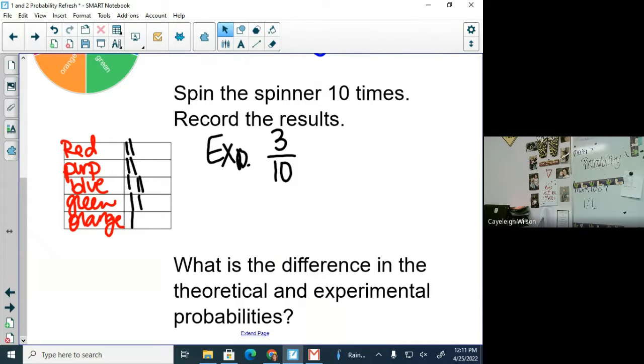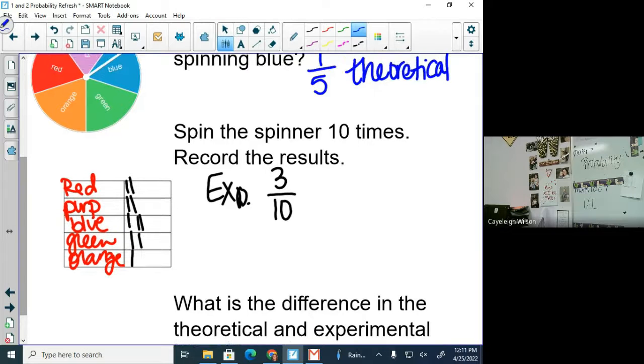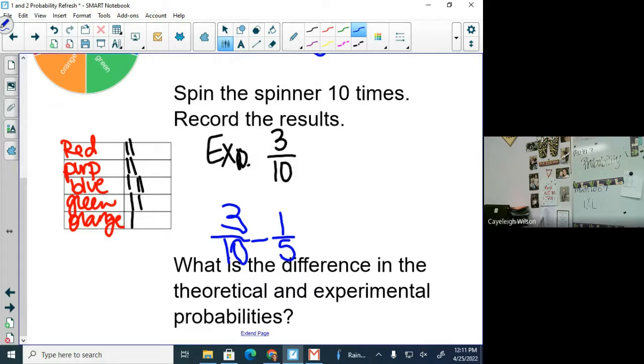So I'm going to take these two numbers, the 3 tenths and the 1/5, and I'm going to subtract them. So 3 tenths minus 1/5. Now, what do you have to do when you subtract fractions? Come on, Emma. The denominator has to be the same. So you have to make a common denominator. So what would your common denominator be between 10 and 5? 10.